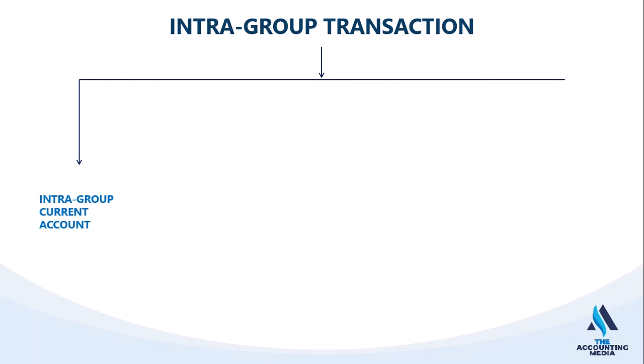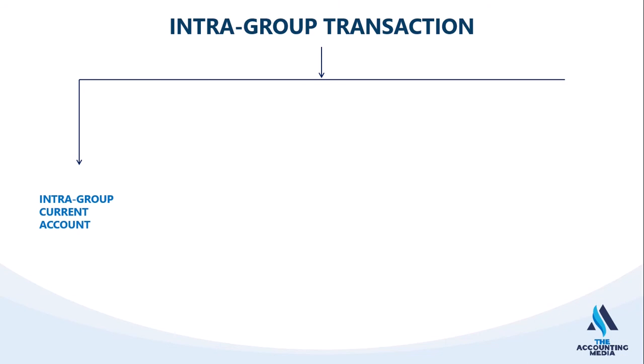The first one is intergroup current account. Intergroup current account happens where the parent and subsidiary are trading together, and there is a possibility that one will be owing the other, leading to a receivable in one's account and a payable in the other's account.